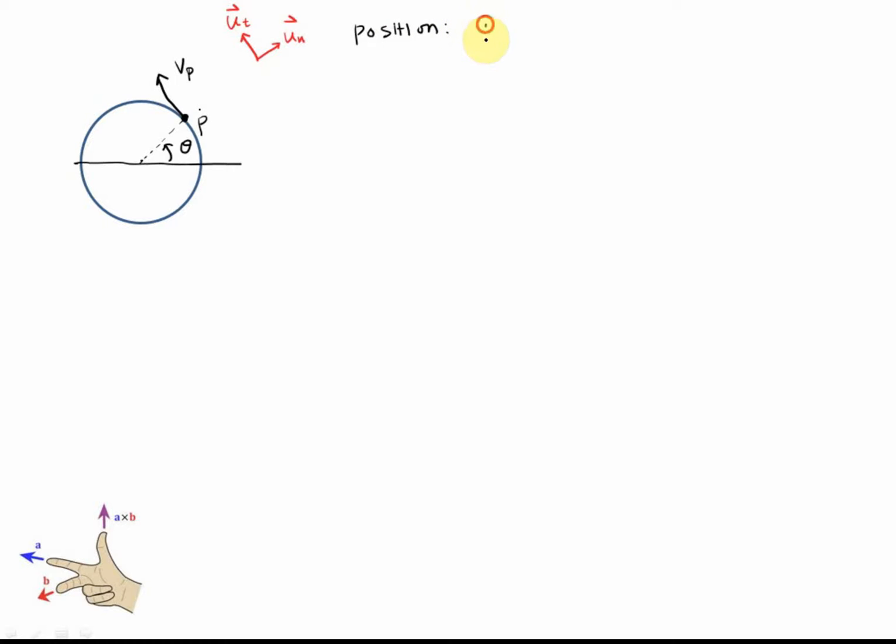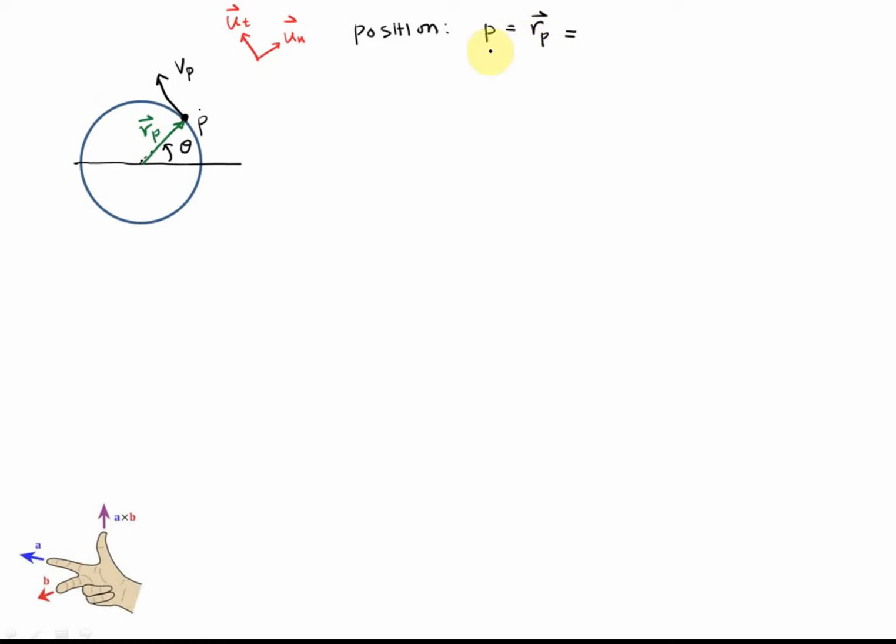The position of P, we can just use the vector, which means from here to here. If I draw a line, this is my position vector of P. I can write this vector with magnitude and direction.